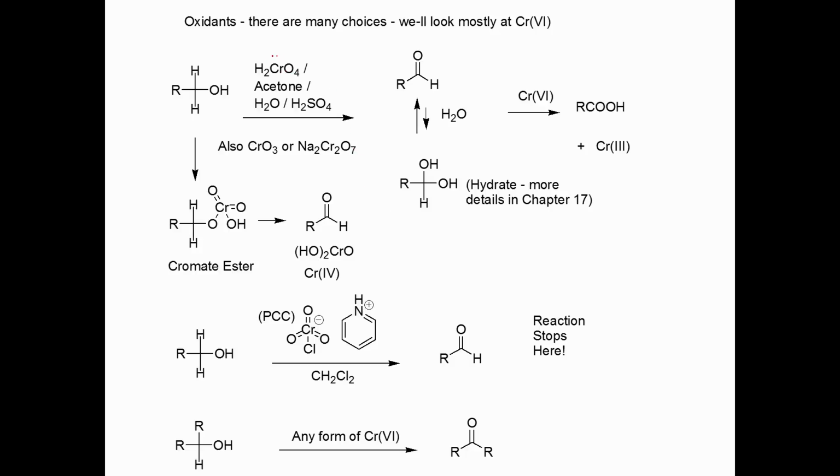All right, so this is chromic acid right here. And we can also use chromium trioxide or sodium dichromate. All of these have the common feature that they are chromium-6.